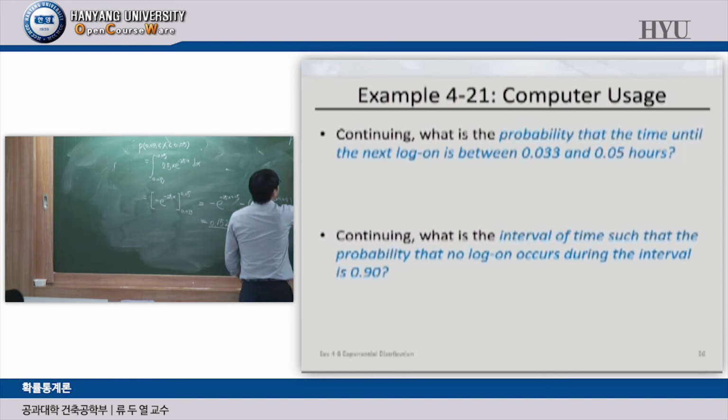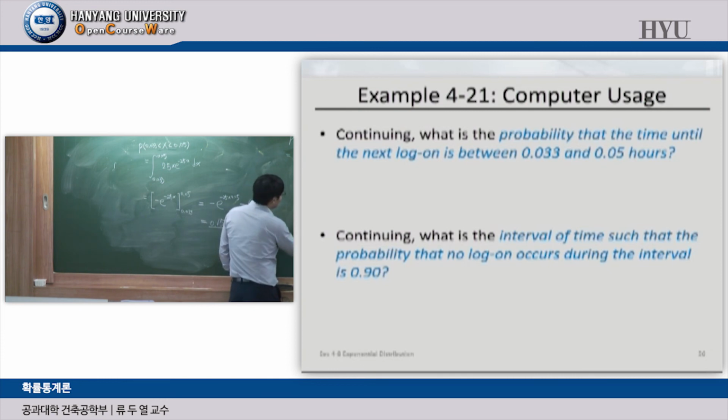That is the integration of 25 e^(-25x) dx from x to infinity. And this is equal to minus e^(-25x) from x to infinity.